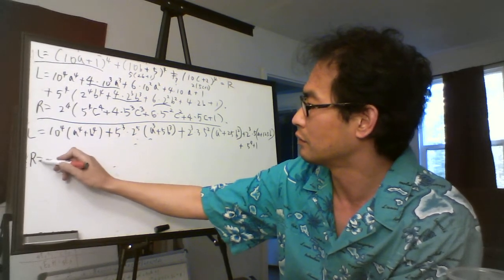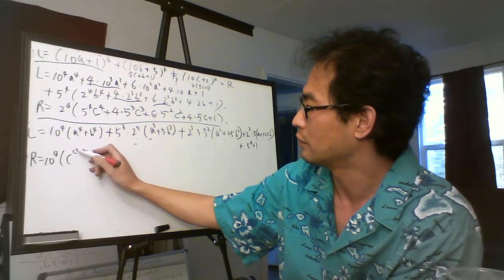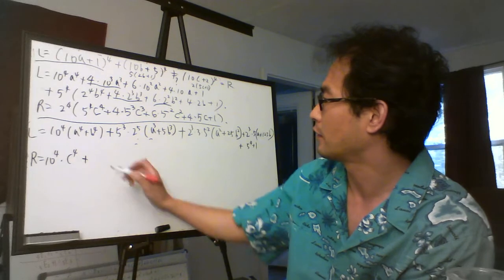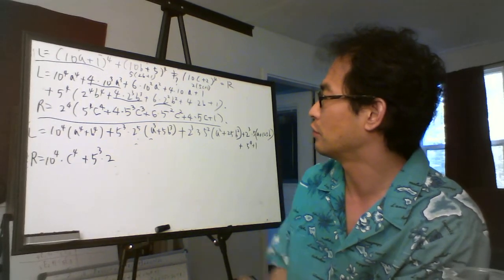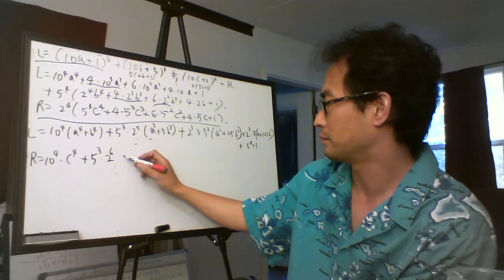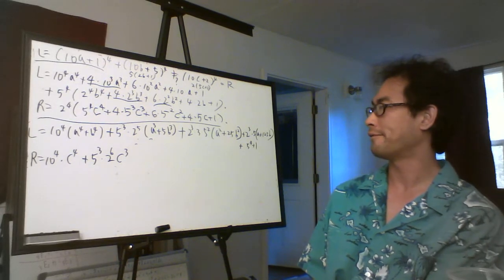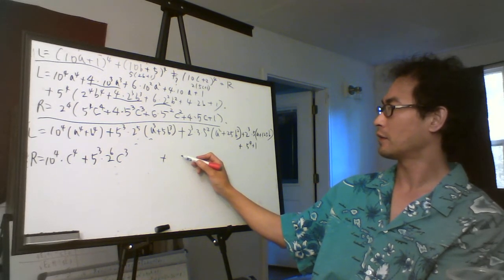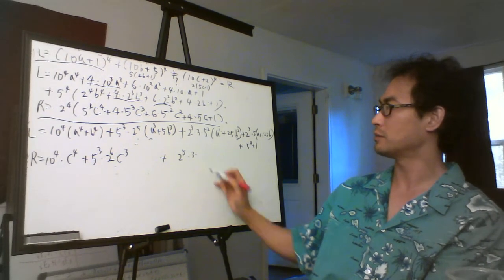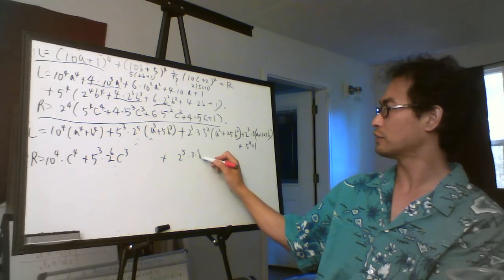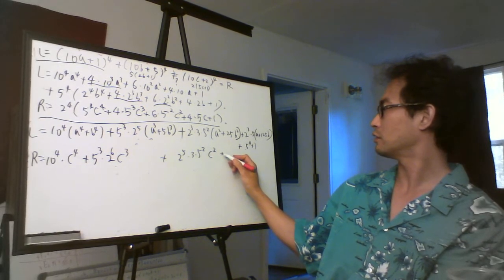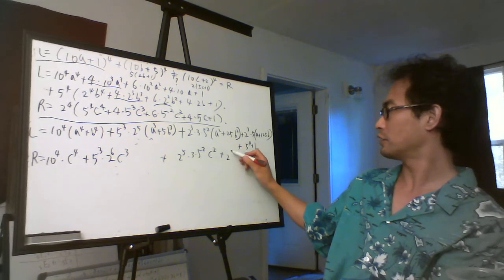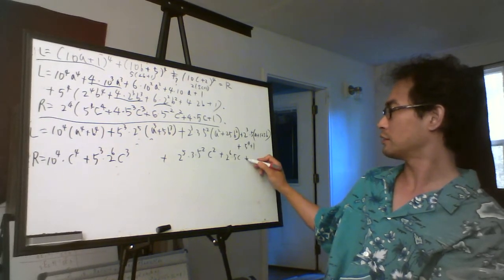Okay, so right hand side. 10 to the fourth, 5 to the third, 2 to the sixth c cubed, plus 2 to the fifth times 3 times 5 to the second c squared, plus 2 to the sixth times 5c plus 2 to the fourth.